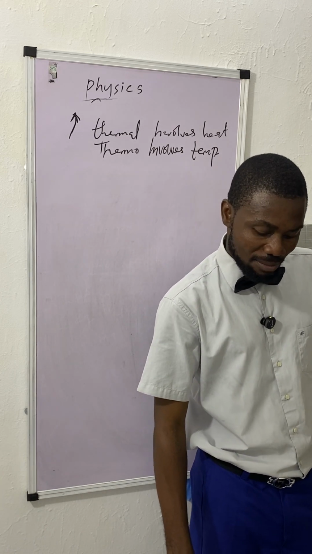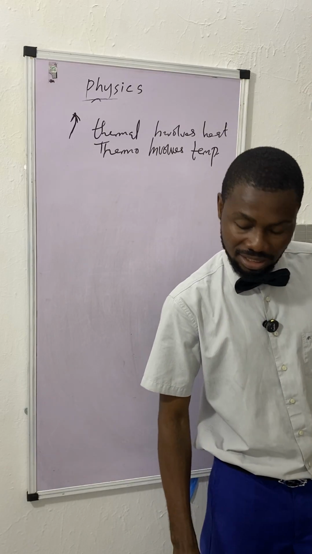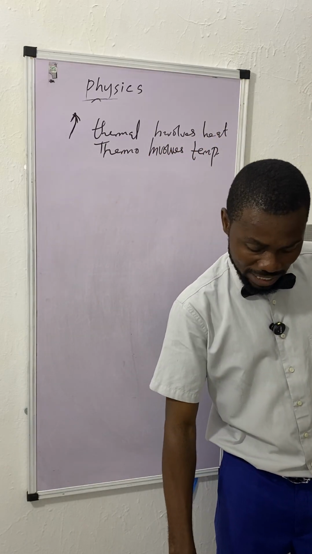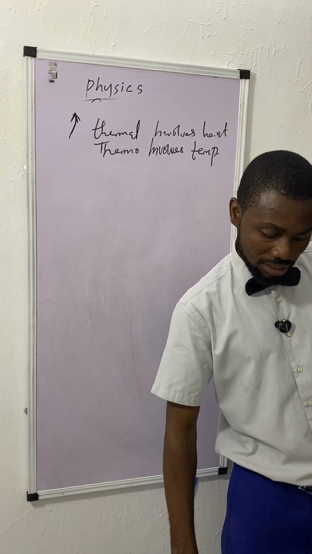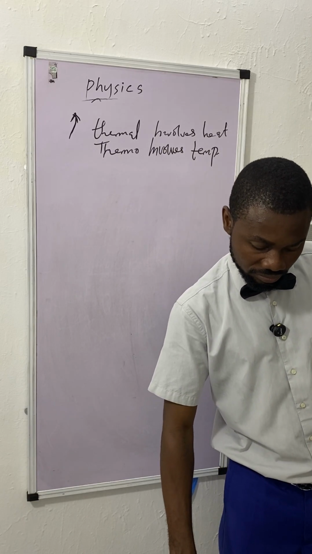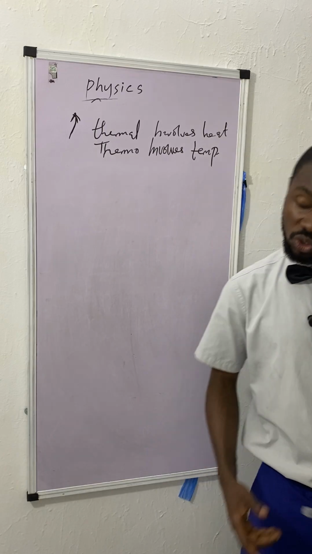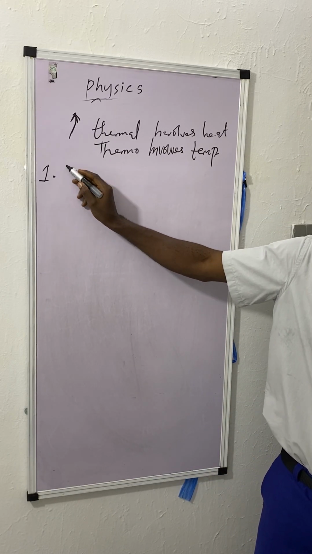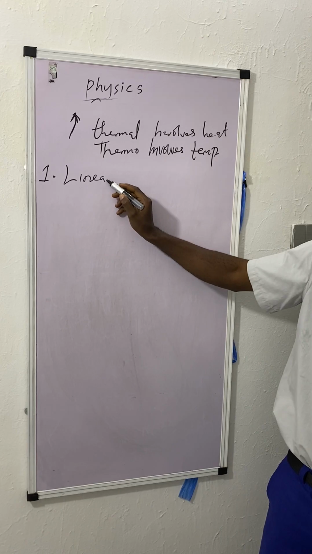So the first is thermal expansion in solid. That's expansion caused by heat. In thermal expansion in solid, we are going to look at 3 types. We also have expansion in liquid, but what we are looking at here is thermal expansion in solid. The first one is linear expansion or linear expansivity.